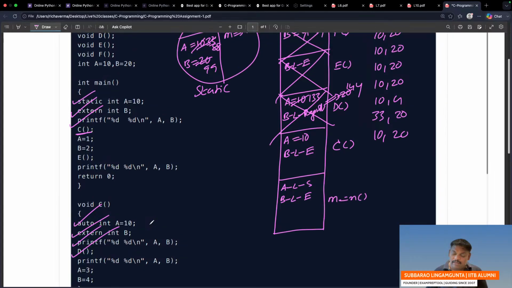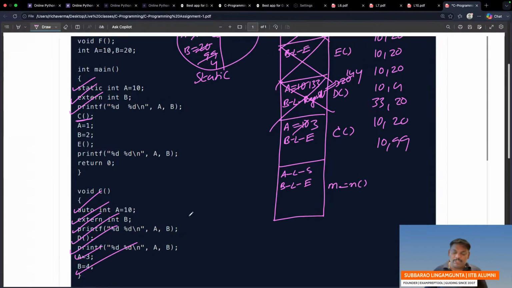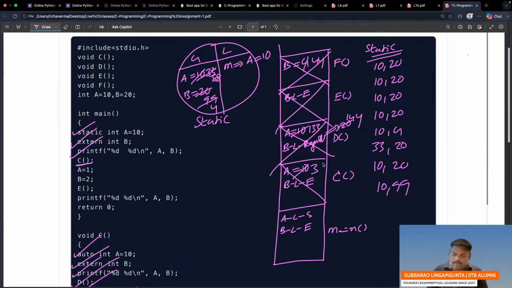So 10 99 will be printed. After that printing is over, A = 3, B = 4. Now after completion of the C function, I will go to main.